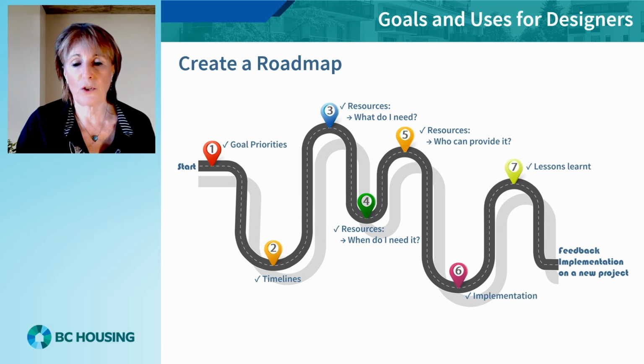Focus on goals that are both important and achievable. Establish the timelines. Allocate resources. What do I need? When do I need it? Who can provide it? Develop strategies to support the achievement of the goals during the implementation phase. Document lessons learned so that you can have a feedback loop that will enhance the next project.